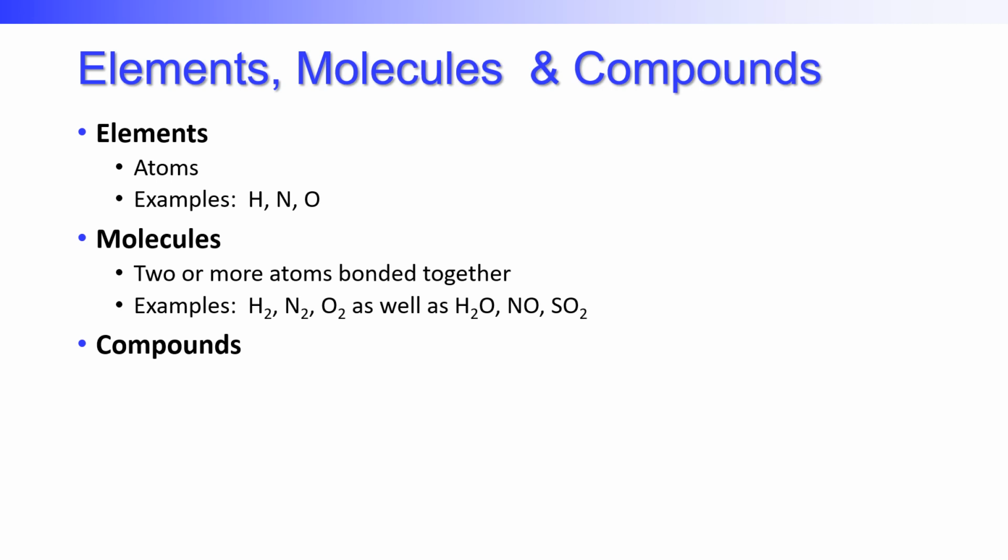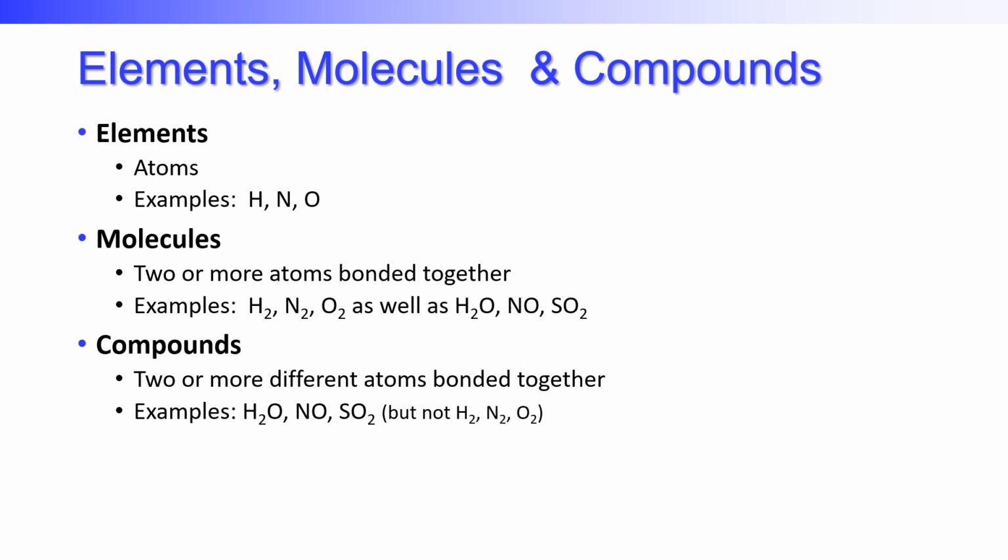And compounds, being a subset of molecules, would be two or more different atoms bonded together. And our examples would be water, nitric oxide, sulfur dioxide, but not hydrogen gas, nitrogen gas, or oxygen gas, because those are just molecules.